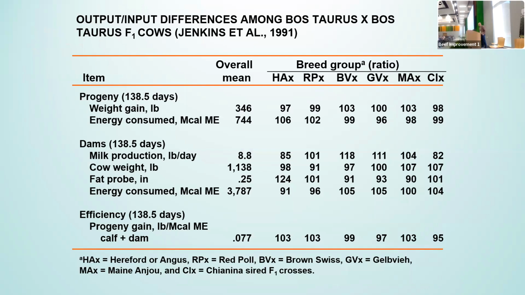Don't want to spend much time on this, but these were efforts to try to look at efficiency over all of these breeds and where animals were doing better or doing a little bit worse. And you can comment on overall efficiencies if you look at this based on the components of this: fertility, energy, weight gain.